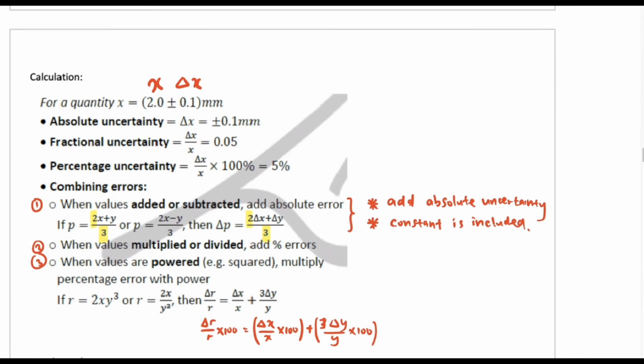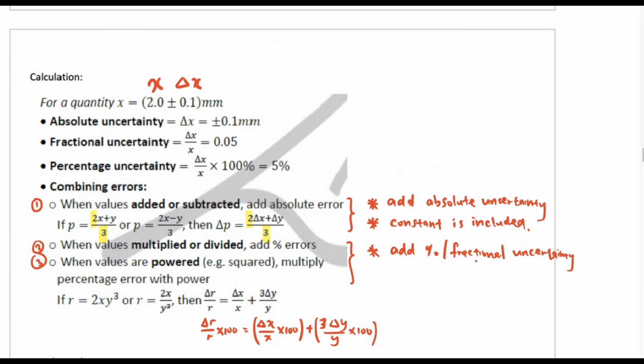Compare, for technique 2 and 3, we add percentage or fractional uncertainty. So we add, but we add different things.